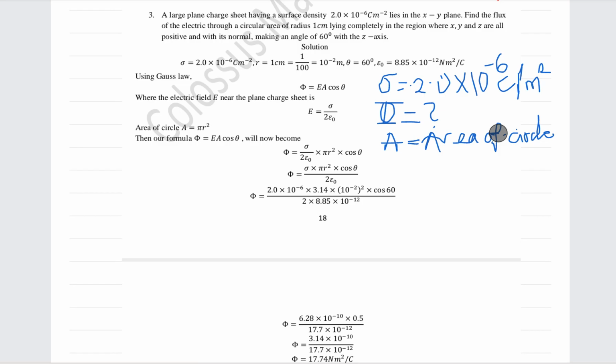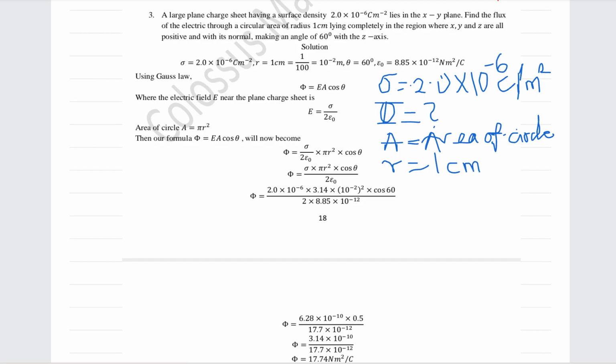You can see how I'm breaking it down. So your A is the area of a circle of radius 1 centimeter. Radius is also 1 centimeter, which means I have to convert my centimeter to meter. I'm still coming back there.